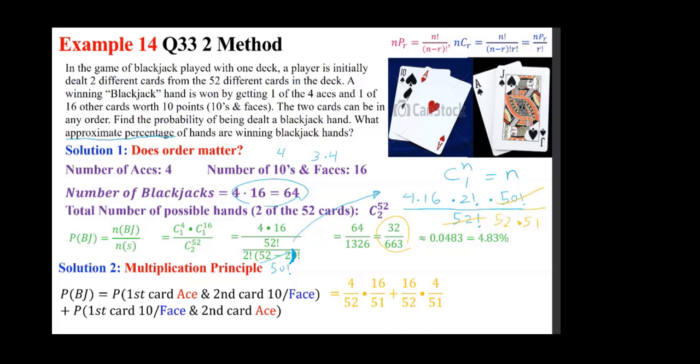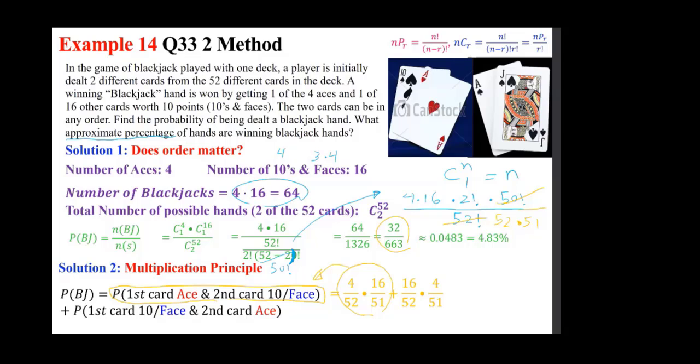Looking at this portion, getting an ace is 4 out of 52, which can be simplified. Now, if an ace is gone, then the total of 52 goes down to 51, but the 16 faces and 10s remain intact. So 16 over 51.